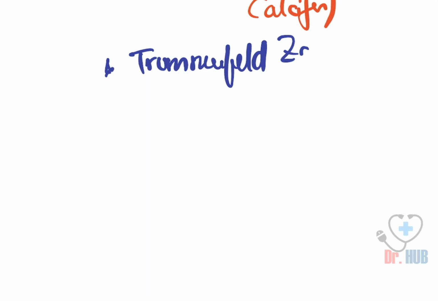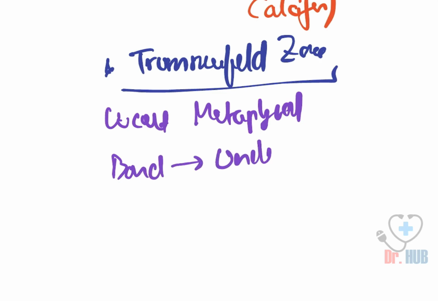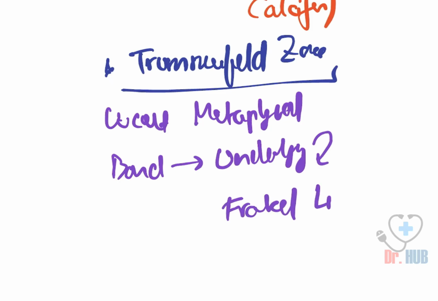What is a Trummerfeld zone? The Trummerfeld zone is a lucent metaphyseal band, and it underlies the Frenkel line.